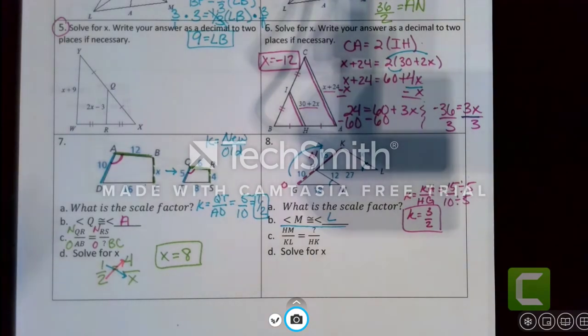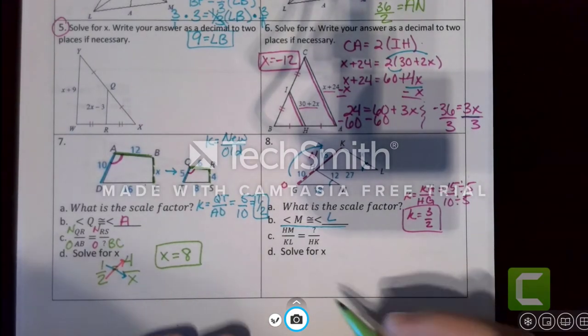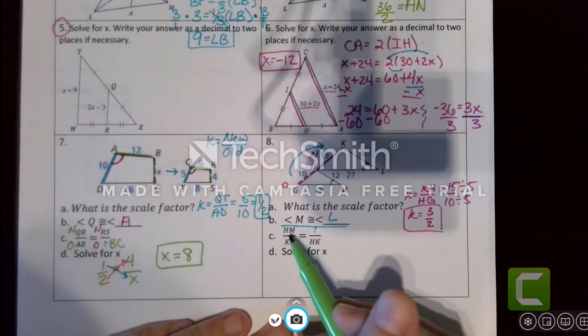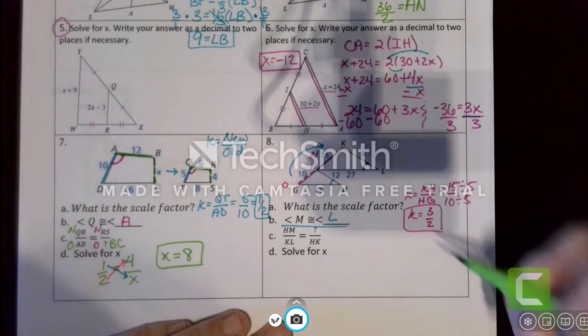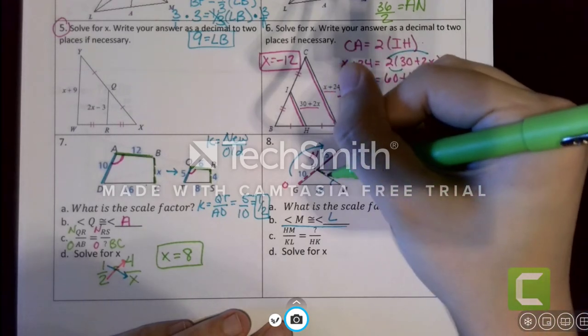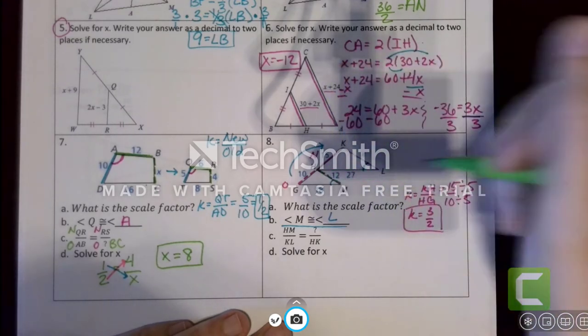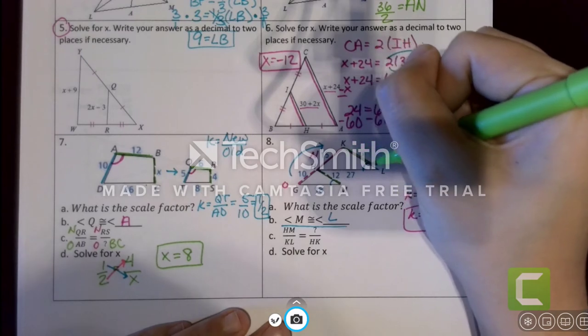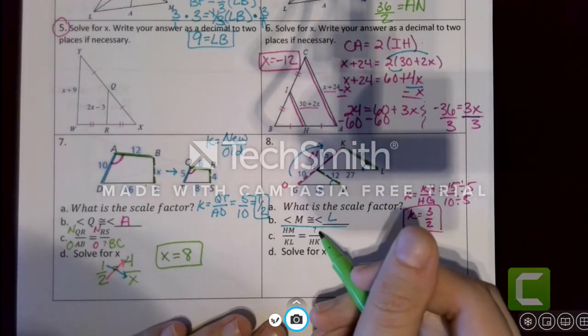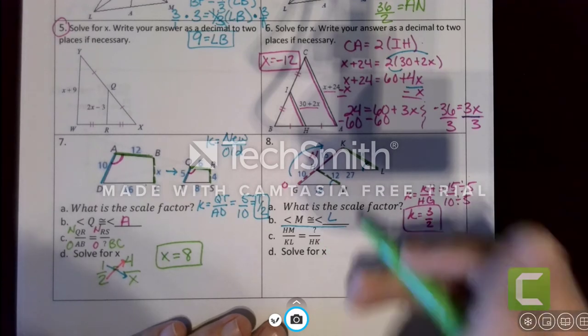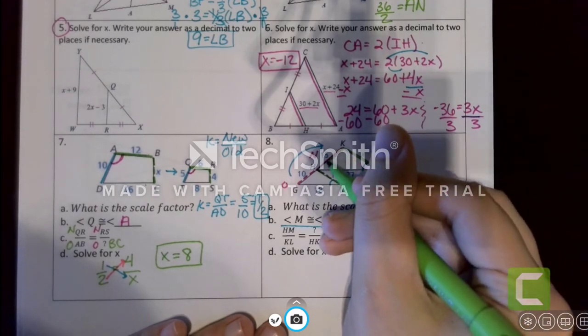Moving on to part C. Part C is saying that HM is proportional to KL. And we don't know the top, but we know that our bottom measurement is HK.